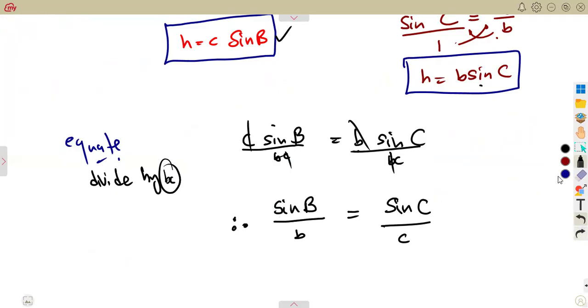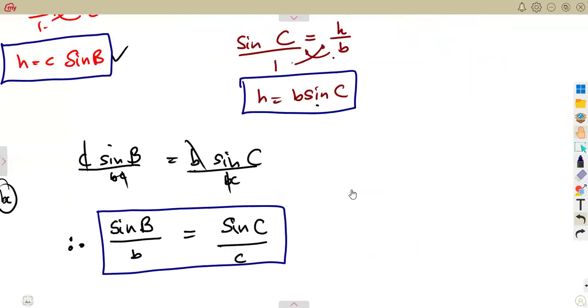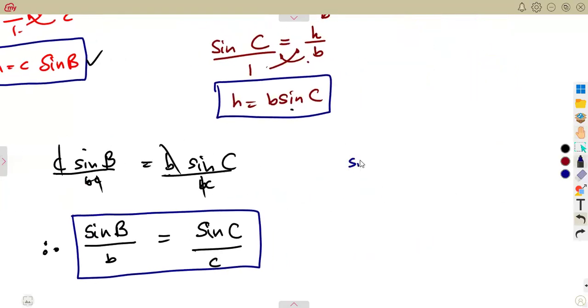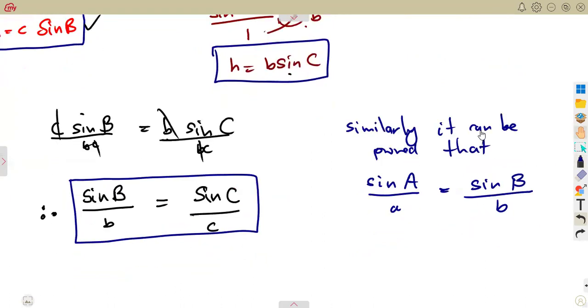If you were going to work on the other side, working with A, you would obtain the same. In a similar way, it can be proved that the sine of A over A will be equal to the sine of B over B, just like what we saw in the previous proof that we had for an acute angle.